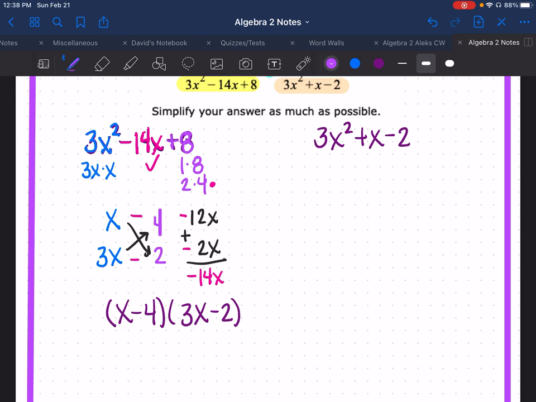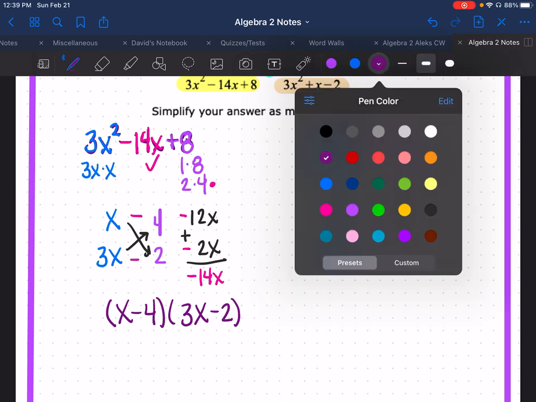And let's go ahead and factor this one. So 3x squared, let's think of it as x times 3x because I like that better. And 2, even though it's negative, it's 1 times 2, so that's not so bad. One of them is going to be negative. So I've got x and 3x, and 1 and 2. Let's try 1 and 2, and then we'll see if we have to fix it.